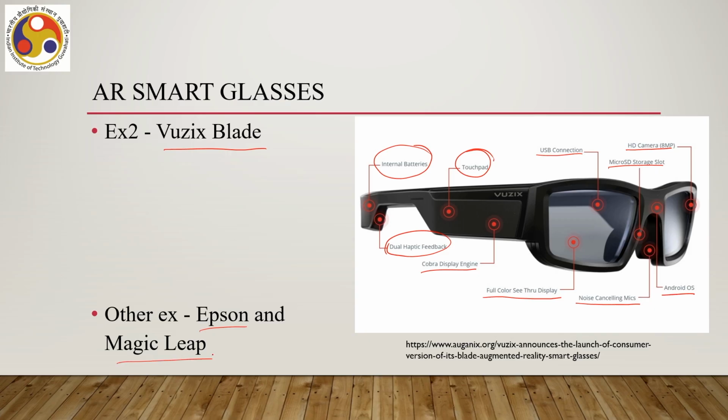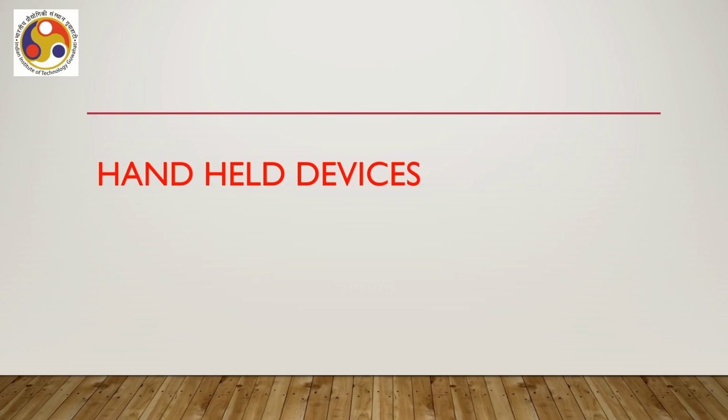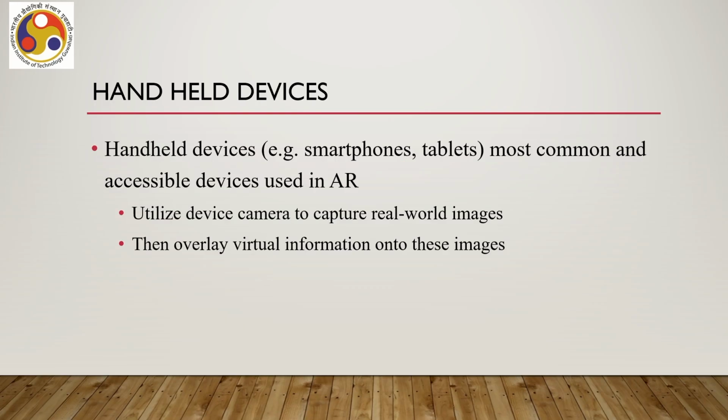So, those are about headsets and wearables. We have under headset powerful sensors, glasses are less powerful wearables, but more comfortable to use for longer duration. Then let us shift our focus to the next category, that is handheld devices. These are typically the familiar devices like smartphones or tablets.